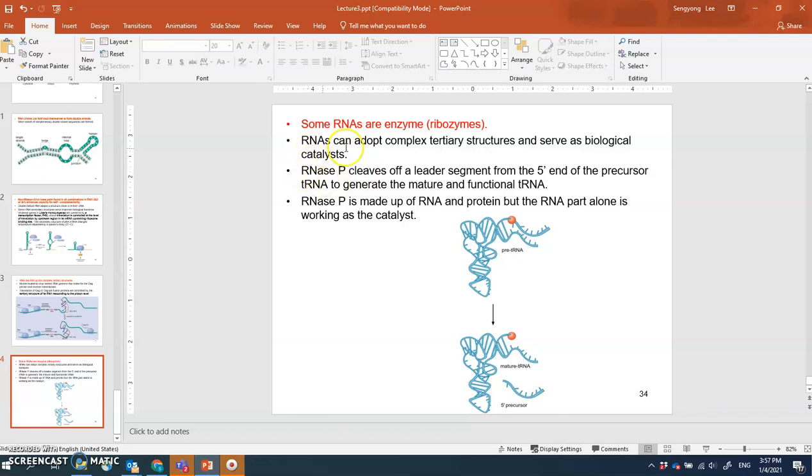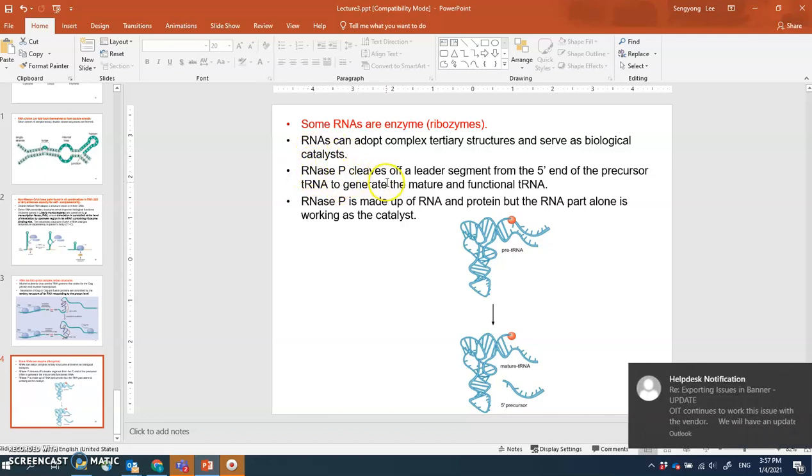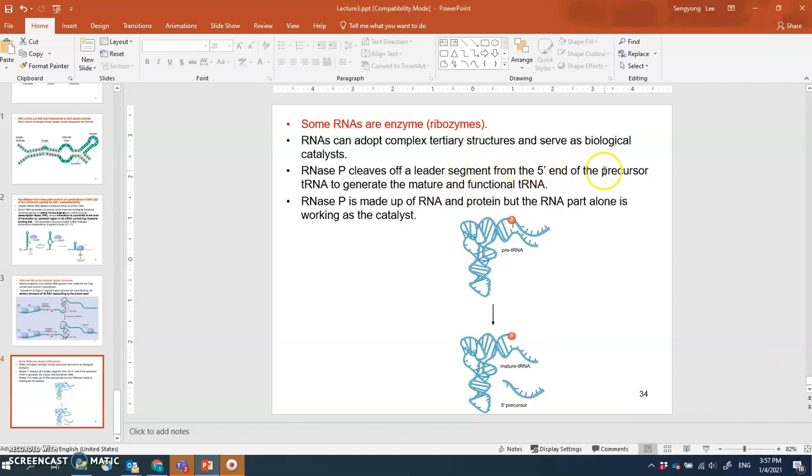It's an enzyme that cleaves the leader segment of the 5' end of the precursor tRNA to generate the mature functional tRNA. Remember tRNA, which carries out the important function during the translation. When this tRNA is made through transcription, it's actually made as a larger precursor, and the pre-tRNA is modified.